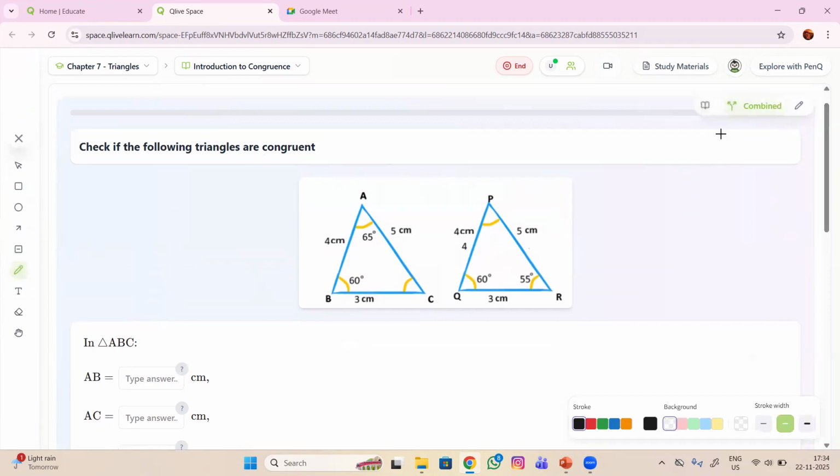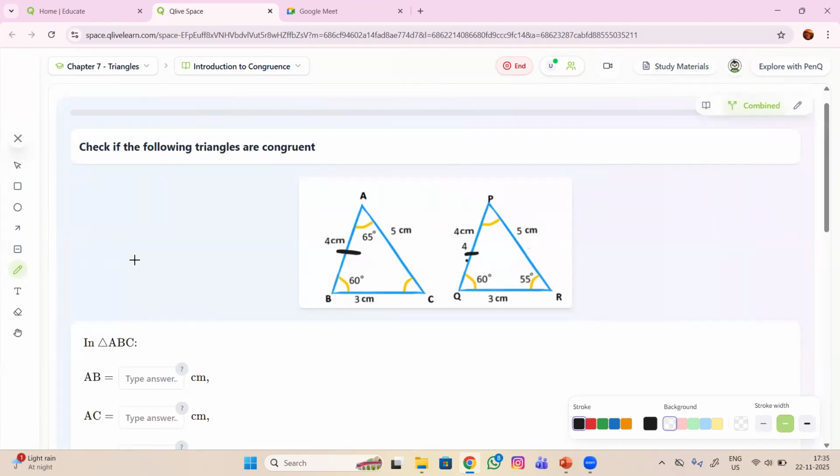So we can say that the side AB in the triangle is 4 centimeter, and it is equal to a side in the other triangle. What is the side equal to AB in PQR? Very good, PQ.